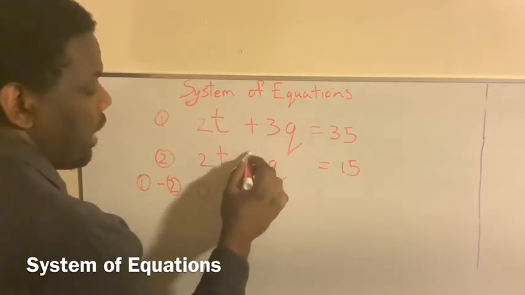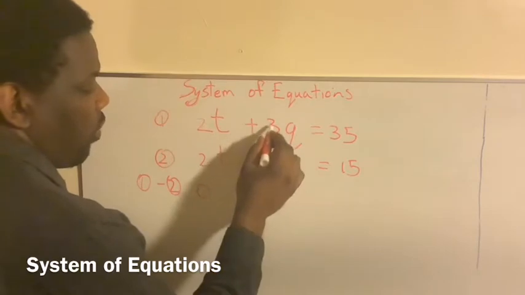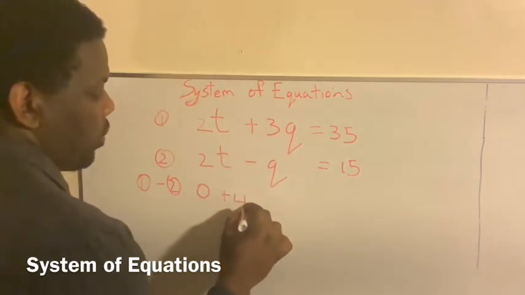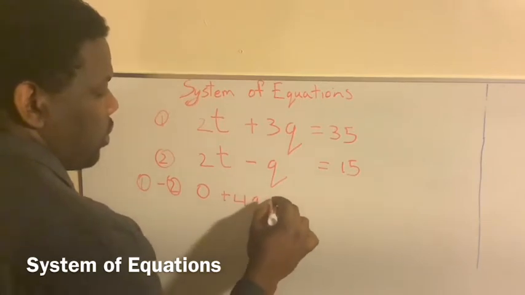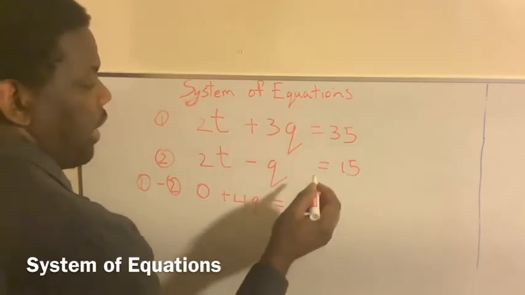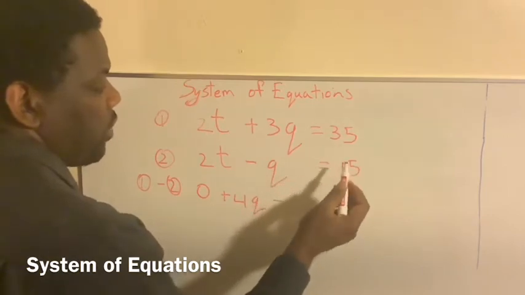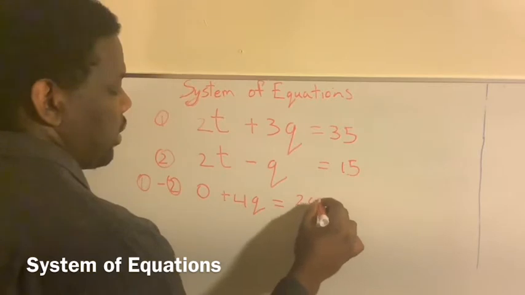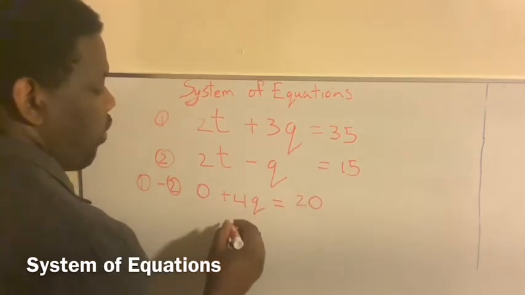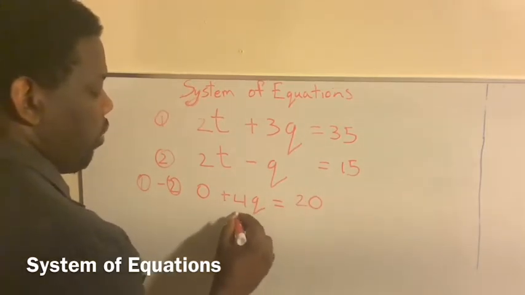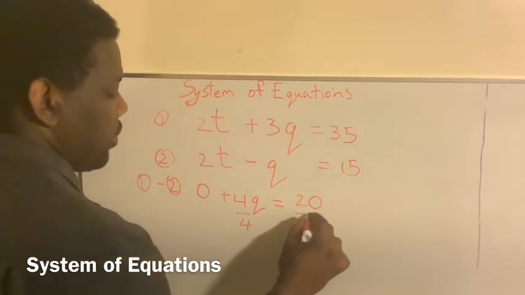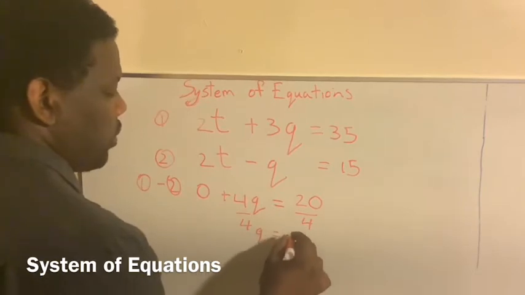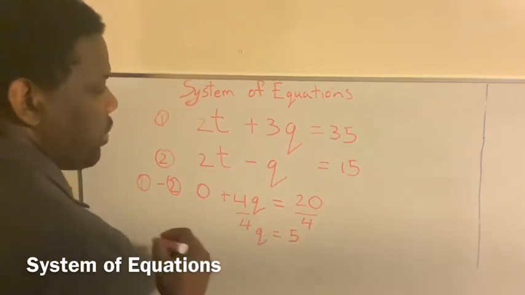So the negative and the negative becomes a positive. So we have 3q plus q is equal to 4q. And we have 35 subtract 15 is equal to 20. So we have 4q is equal to 20, so we divide by 4 on each side. Q is equal to 5.